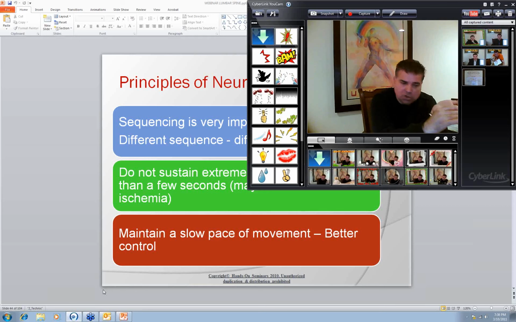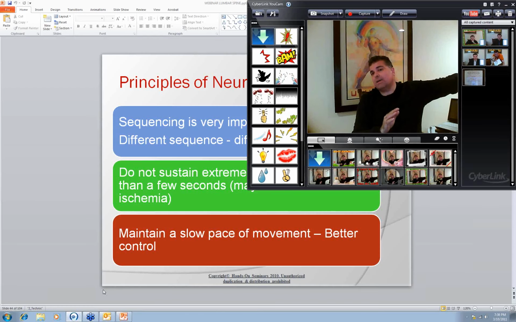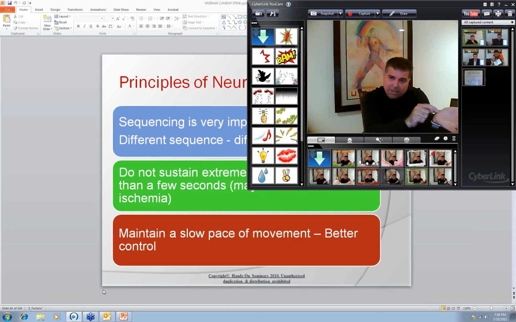If I place tension first in the area of the wrist, then when I complete my pattern of movement, the maximum tension will be in the area that I moved first.